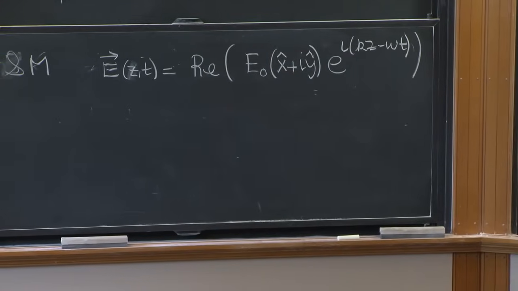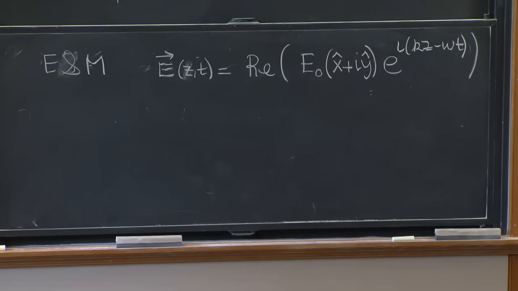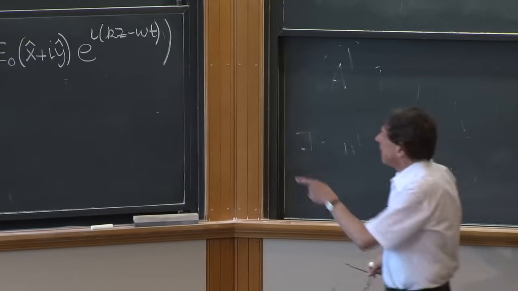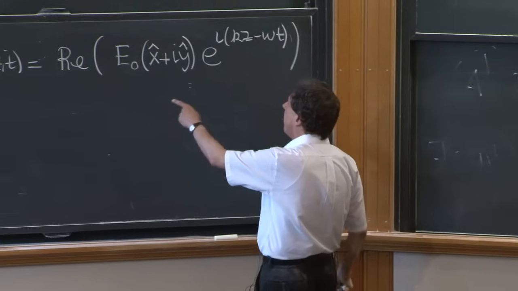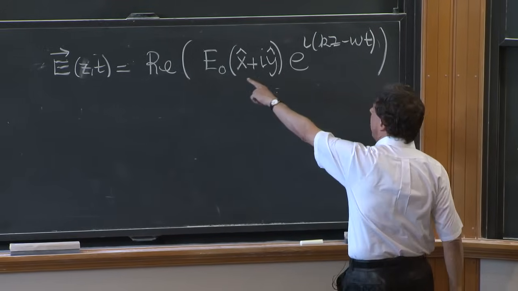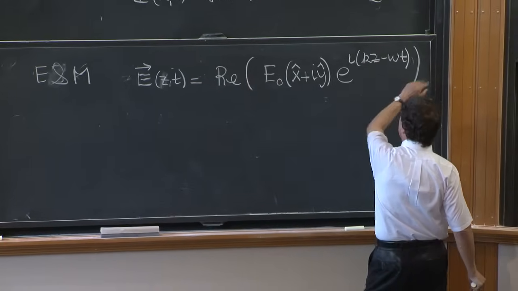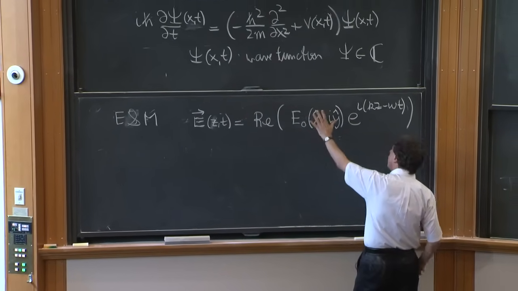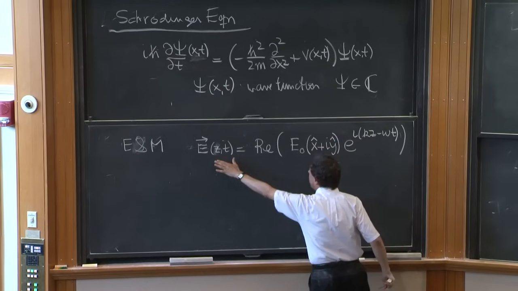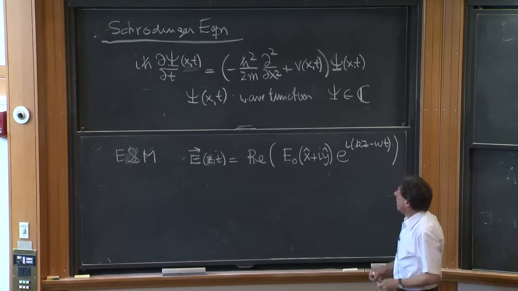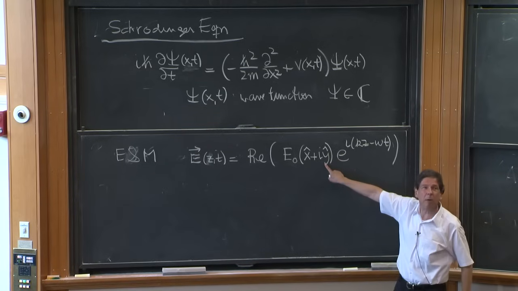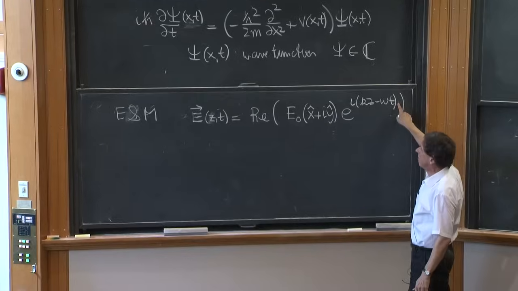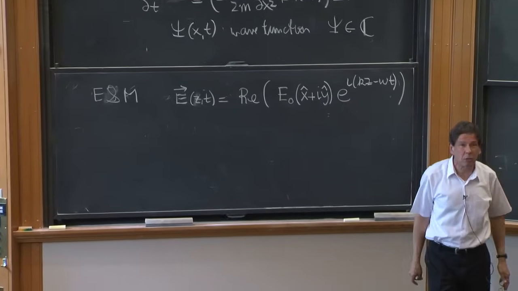An electric field is a real quantity, and Maxwell's equations are real equations. This is a circularly polarized wave, and by the time you take the real part of this, all these complex numbers play absolutely no role. It's just a neat way of writing a complicated electric field in which the x component and the y component are out of phase, and that you have a wave at the same time propagating in the z direction.